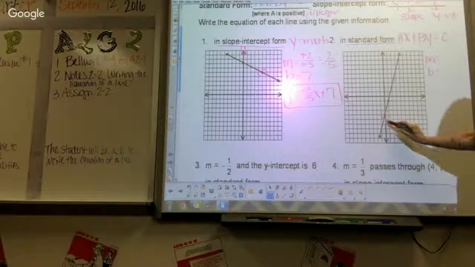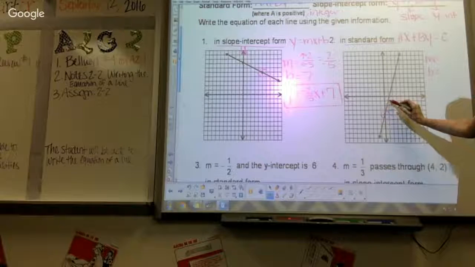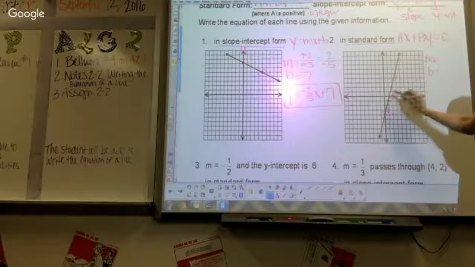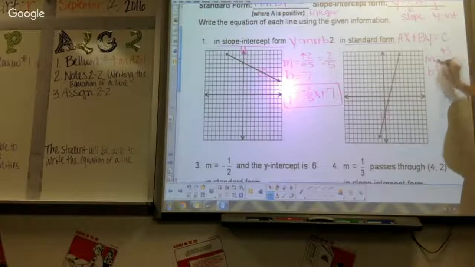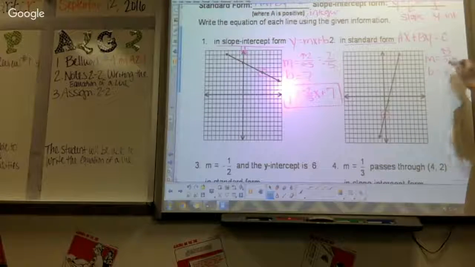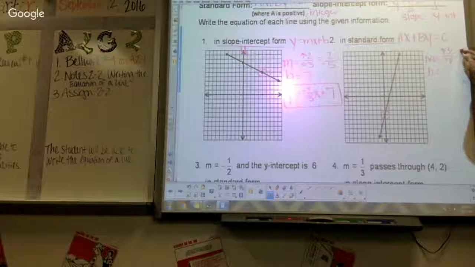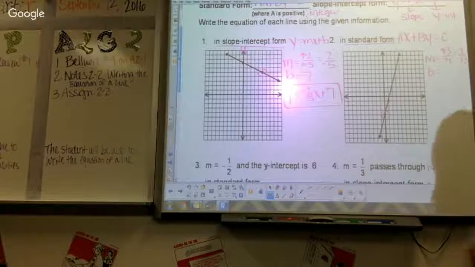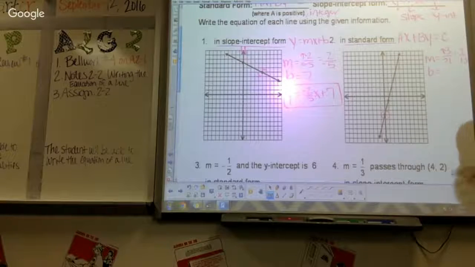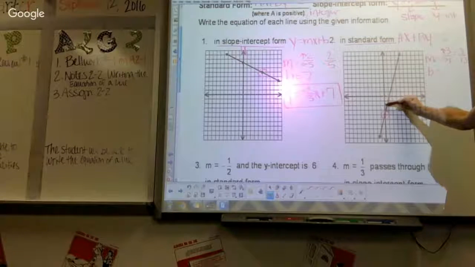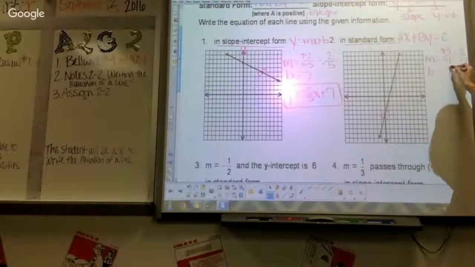I'll choose this one. I'm going to go to the next point. So I'm having to go up 3 and right 1. That would be positive 3 over 1, which equals 3. So our slope would be 3. B is our y-intercept. It crosses the y at 1, 2, 3, negative 4.